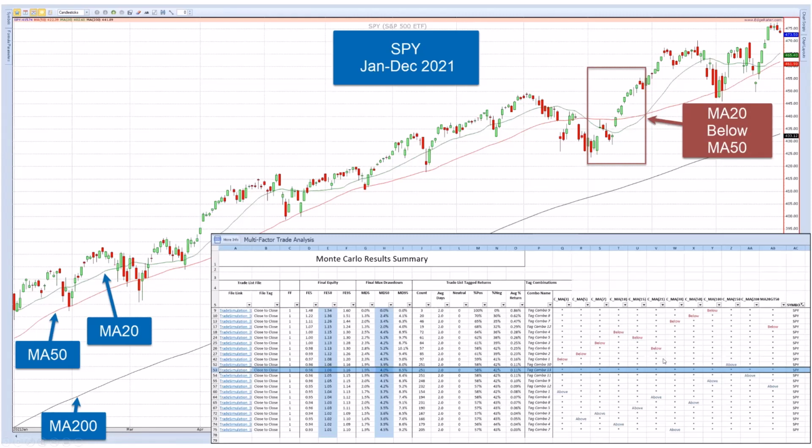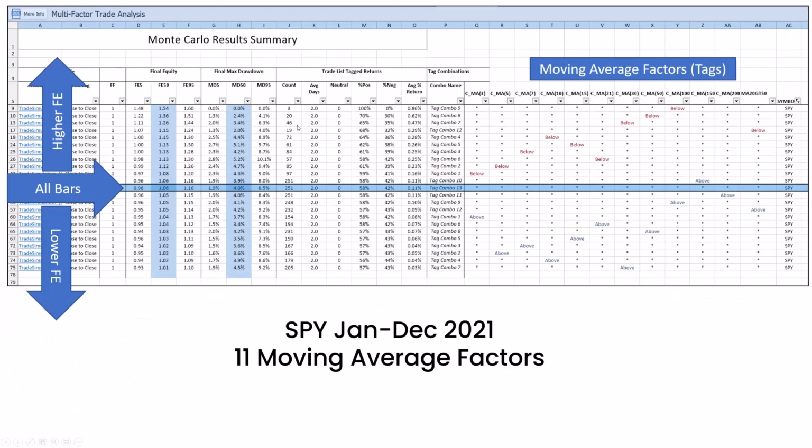Again, look at all of the rows that are above this blue line here. I have a bigger chart of that just to let you see that a bit more clearly. You can see that pretty much every bar where price was below a moving average was better to trade than when price was above during the up market of 21.